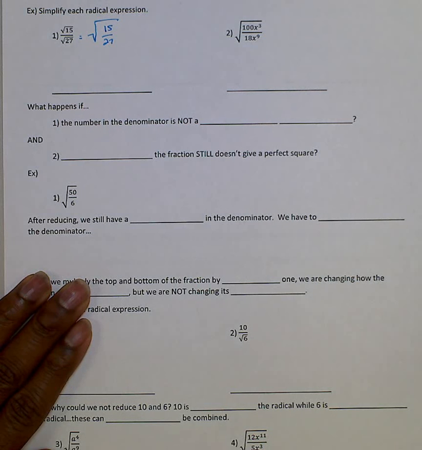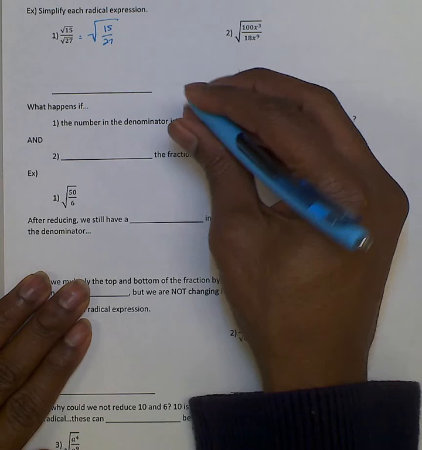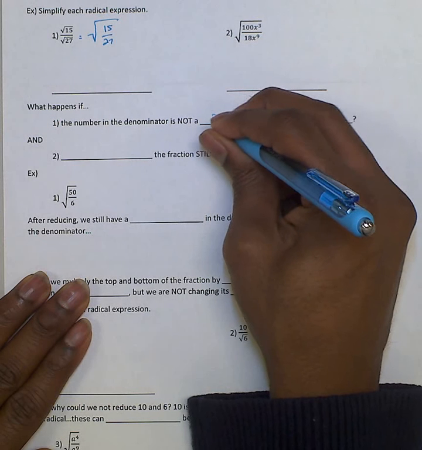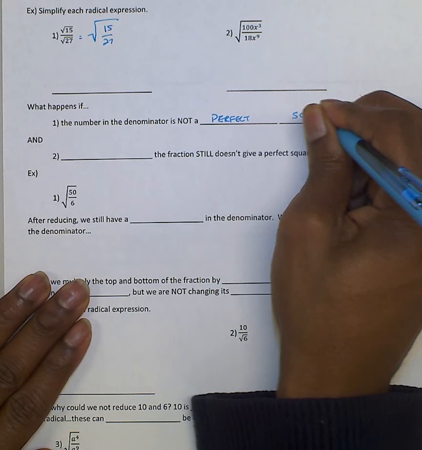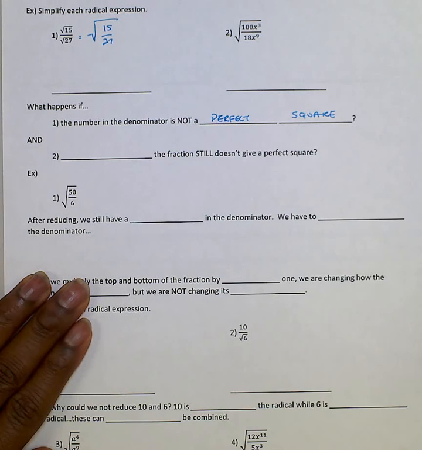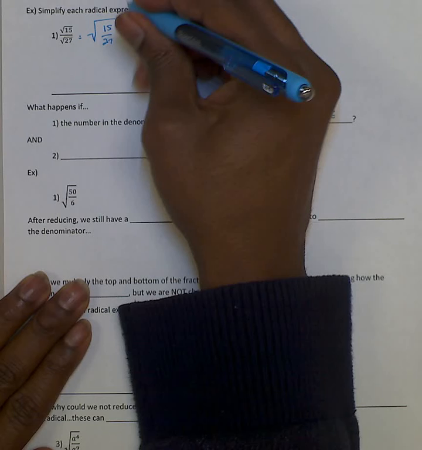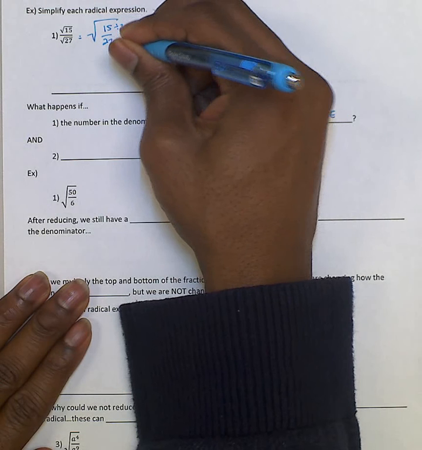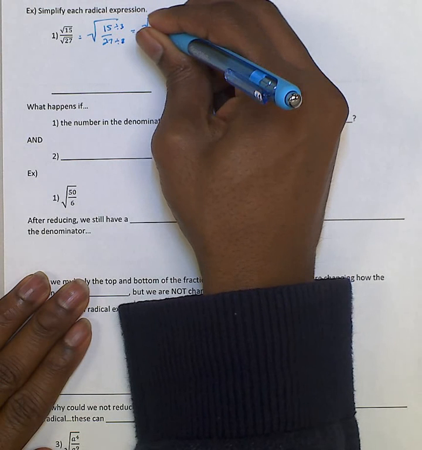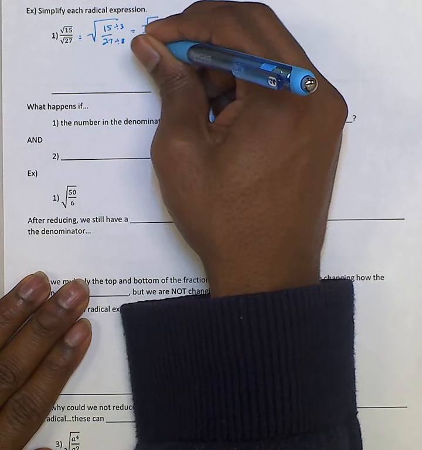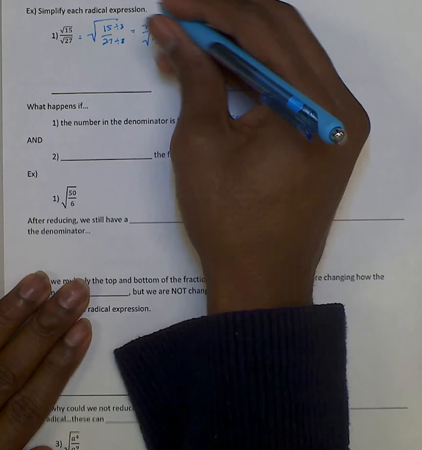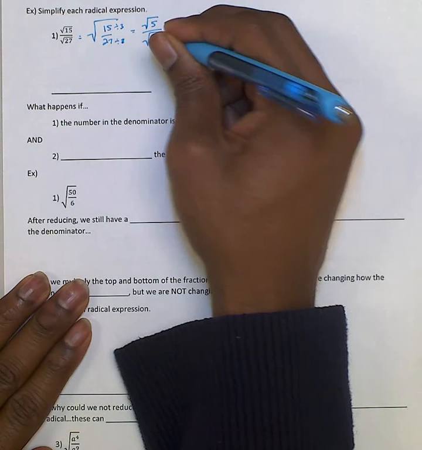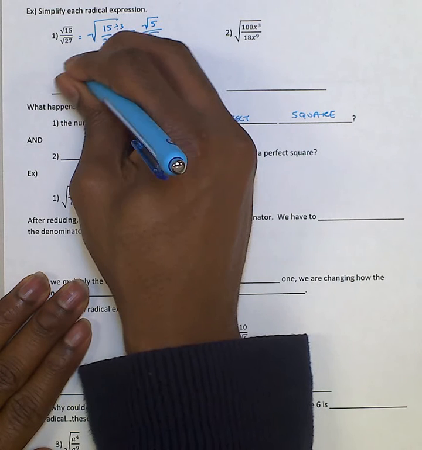The denominator is not a perfect square, so we're going to try to simplify. I know that in 15 and 27, 3 goes into both of those. So I have radical 5 over radical 9. Now in my denominator, radical 9 is 3. So I can say radical 5 over 3.